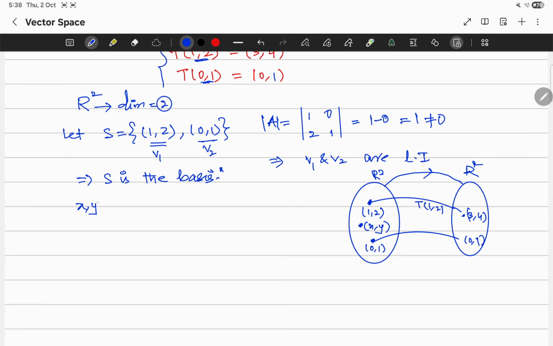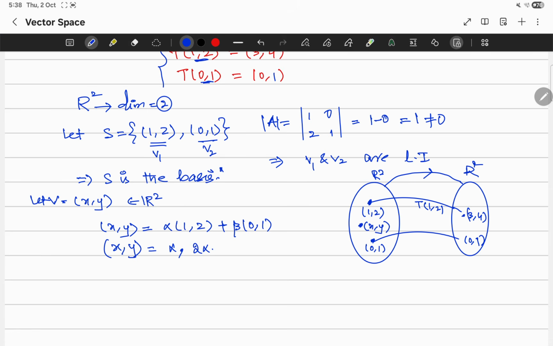So for any vector, let v be equal to x comma y. This is in your domain. It means that every vector in your domain is a linear combination of the basis. Here the basis is 1 comma 2 and 0 comma 1, so alpha of 1 comma 2 plus beta of 0 comma 1. So your x comma y will be equal to alpha comma 2 alpha plus beta. It means your x is equal to alpha and your y is equal to 2 alpha plus beta.